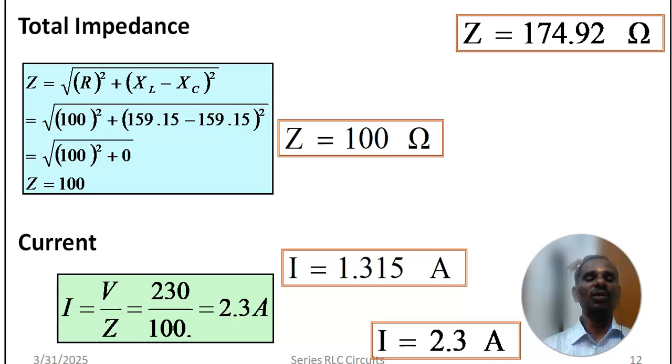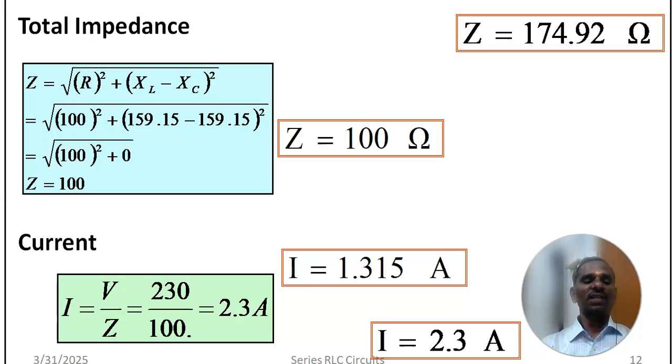Since both the components are subtracted, the value is 0. So Z is equal to the square root of 100 square, so Z value is 100, which is equal to the resistor value. Before, Z was 174.92, but now the total impedance has reduced from 174.92 to 100.